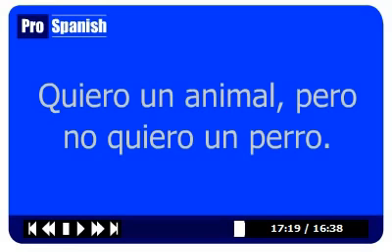So it's un perro for a dog, double R, and pero, but, just one R. So our sentence is, I want a pet, but I don't want a dog. Quiero un animal, pero no quiero un perro.